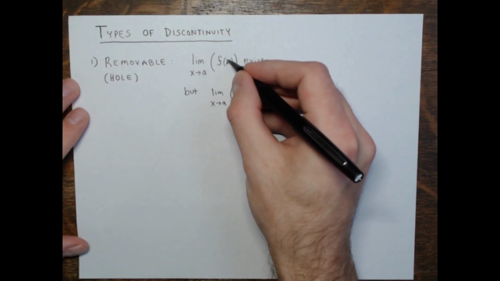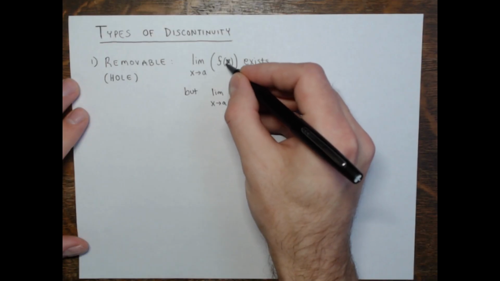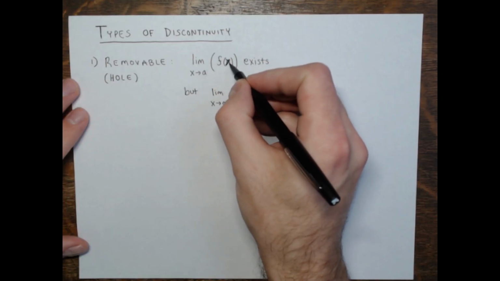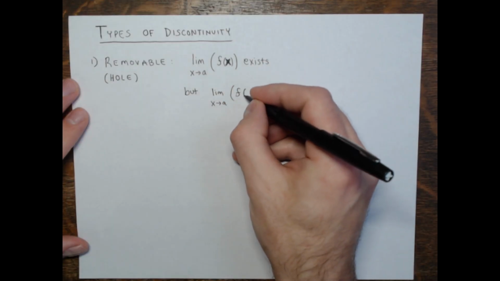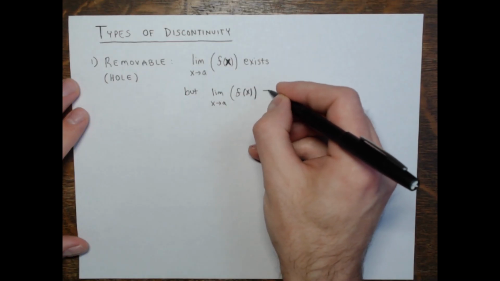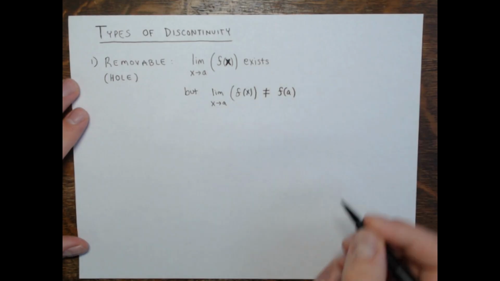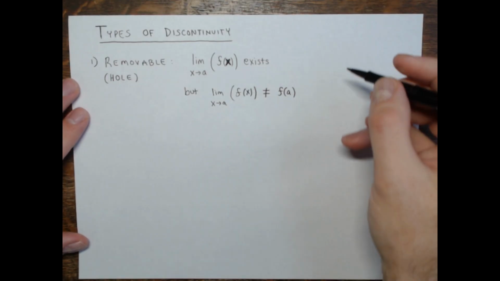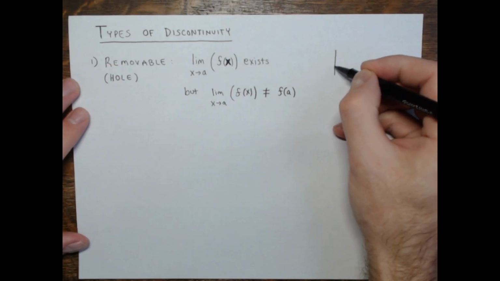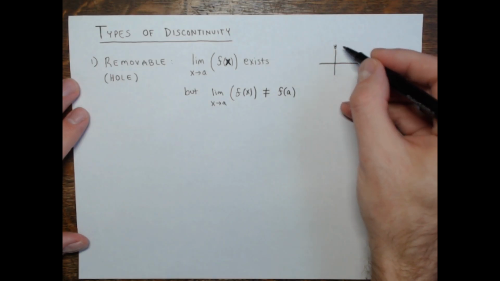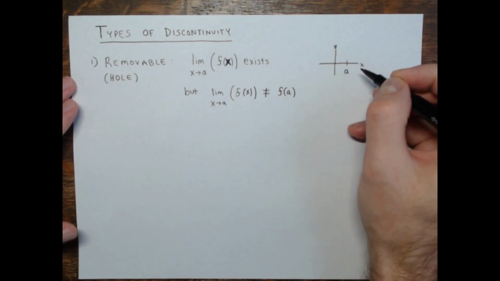Oh, sorry, I put a there. This should be the limit as x approaches a of f of x, not f of a. But it's not equal to the value of the function at a. Okay, so graphically speaking, we could have the two following scenarios. So here's an xy plane, here's x equals a.